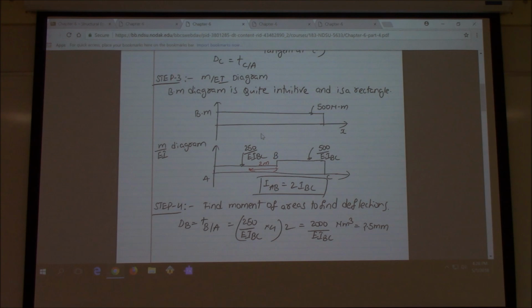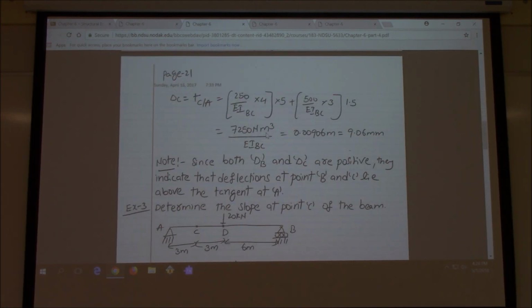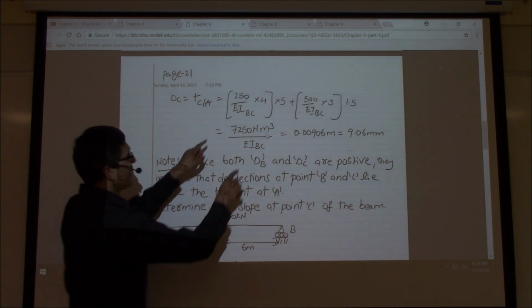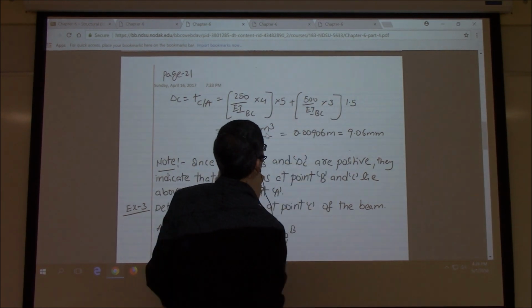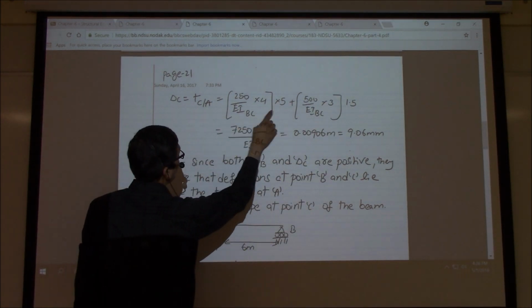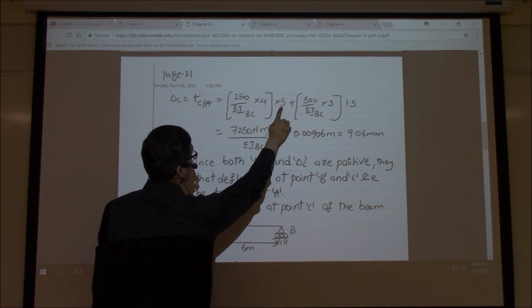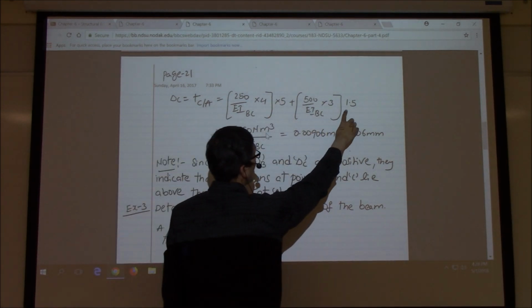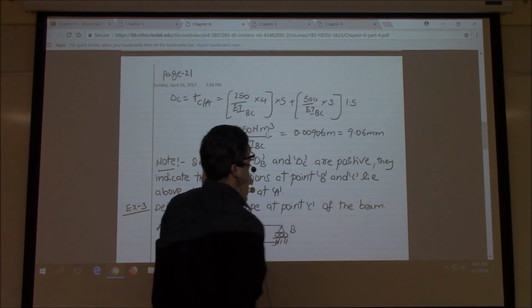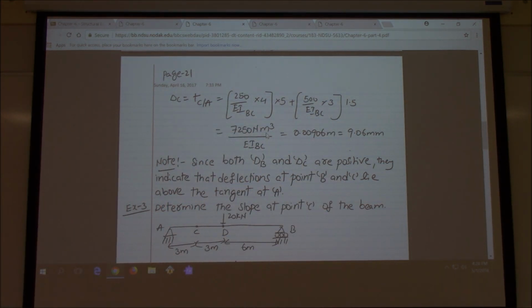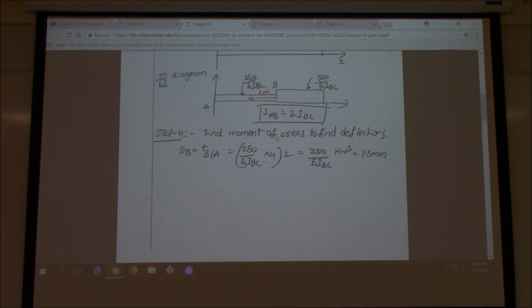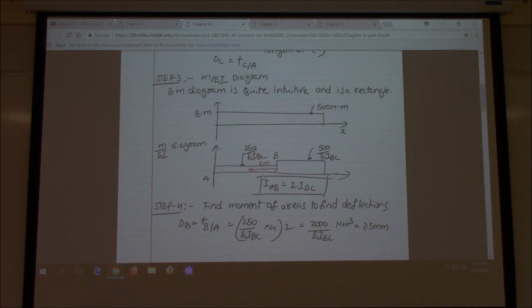When it comes to evaluating Tc by A, I have to evaluate 2 areas. I have 2 rectangular portions. I have to evaluate 2 areas, and the first area is 5 meters away from the point C, and the second area is only 1.5 meters away from the point C. If you want to see that clearly, you can go back and see in this diagram.